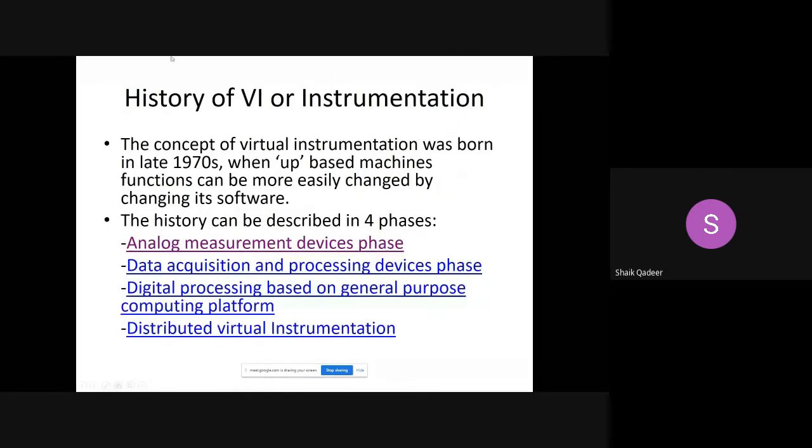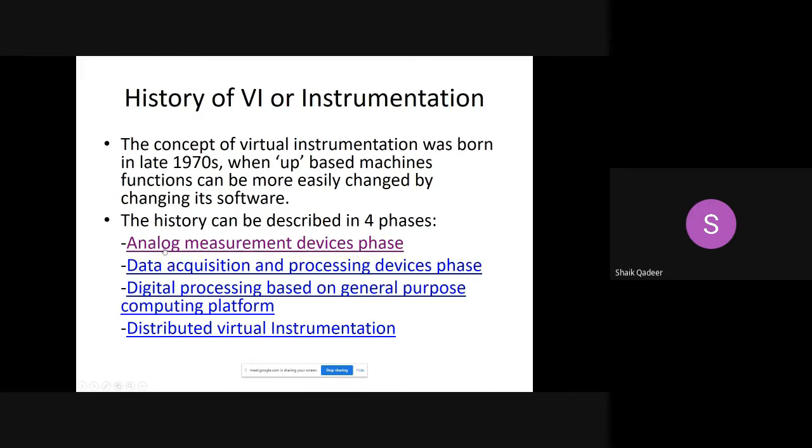This slide is a brief about the history of instrumentation. There are actually four phases of instrumentation. One is the analog measurement devices phase. Second, data acquisition and processing phase. Third, digital processing based on general purpose computing platform. And fourth, distributed virtual instrumentation.